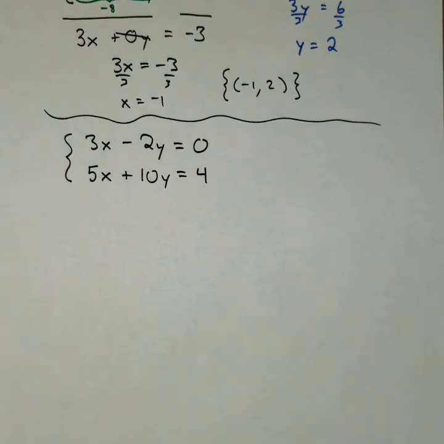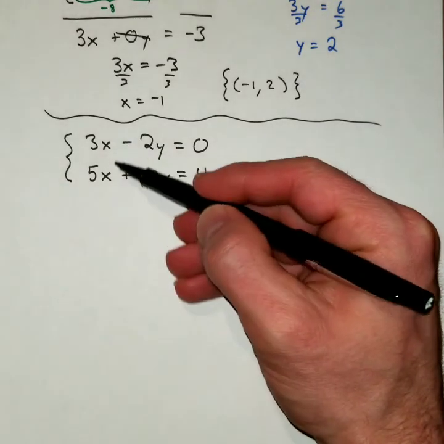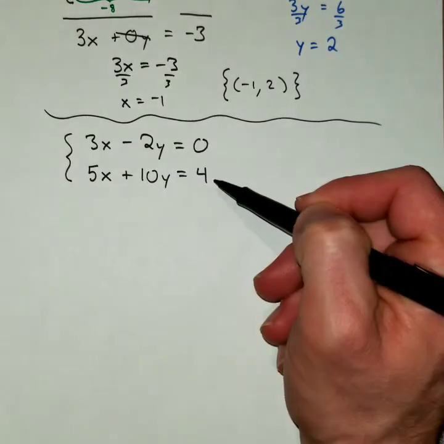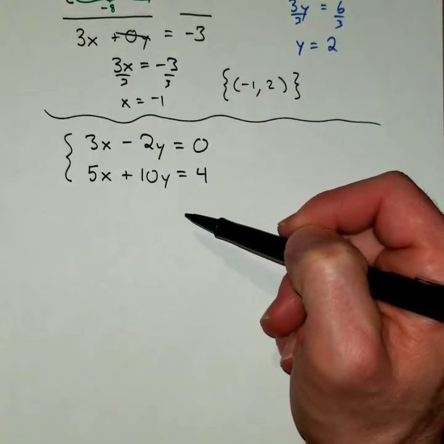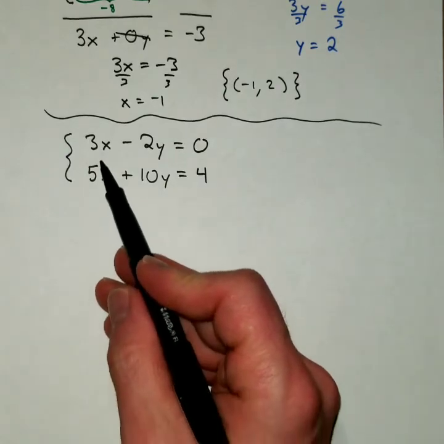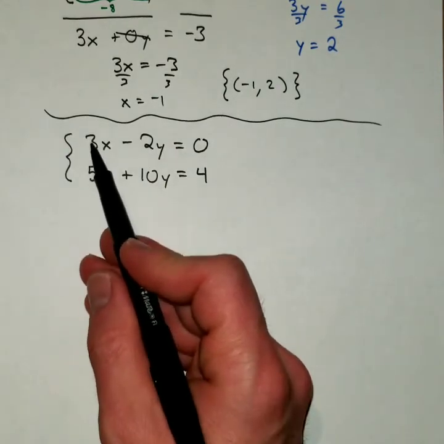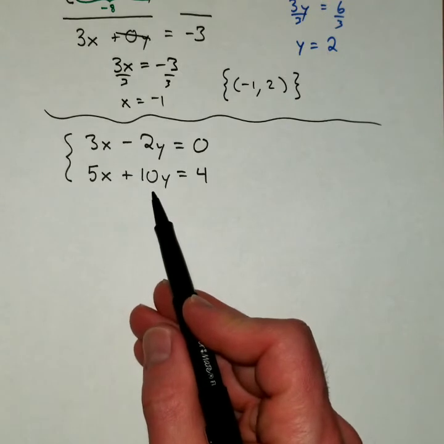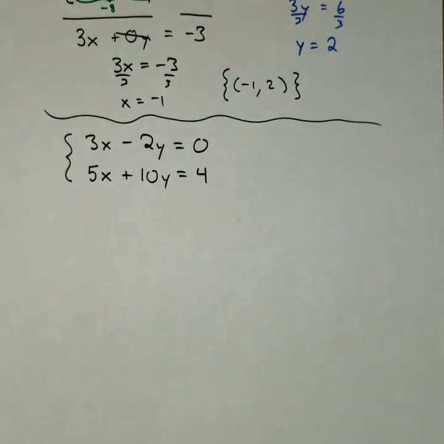Now if I proceeded like I did on the last example, there's a slight problem. I can't just add the equations together and eliminate a variable because none of the variables drop out. Right? If I add these up I get 8, add these up I also get 8. I don't get any zeros.